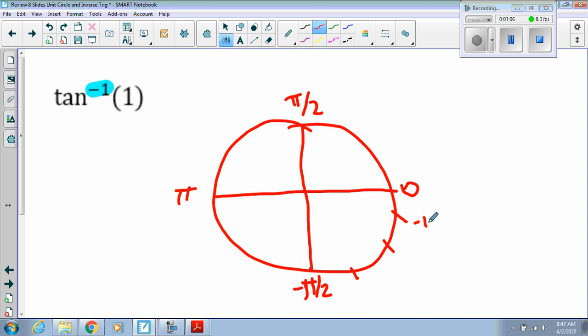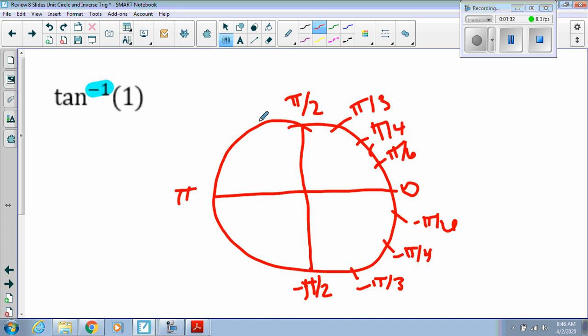So down here, all of our values are actually negative. So we've got -pi/6, -pi/4, and -pi/3. And then up here we've got pi/6, pi/4, and pi/3.